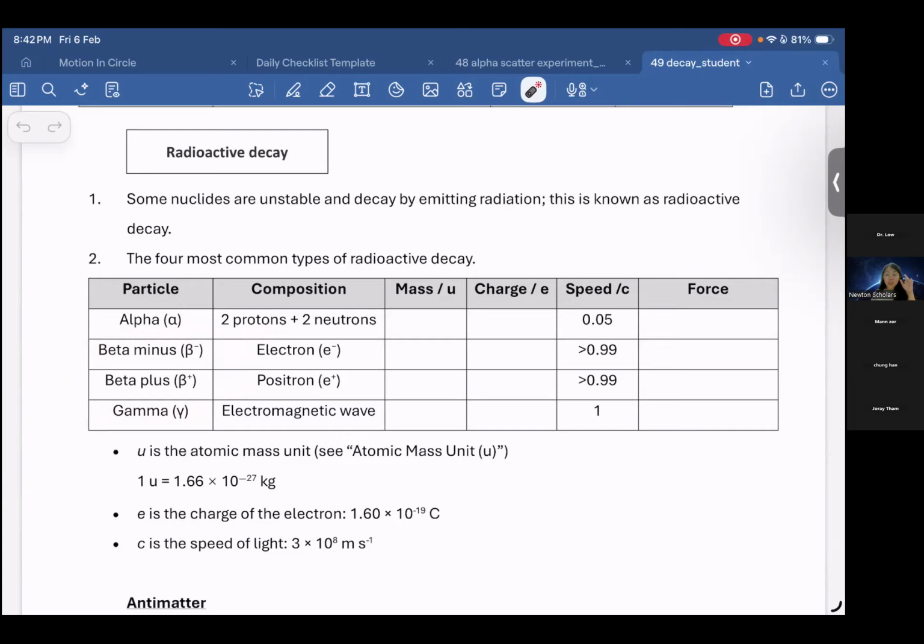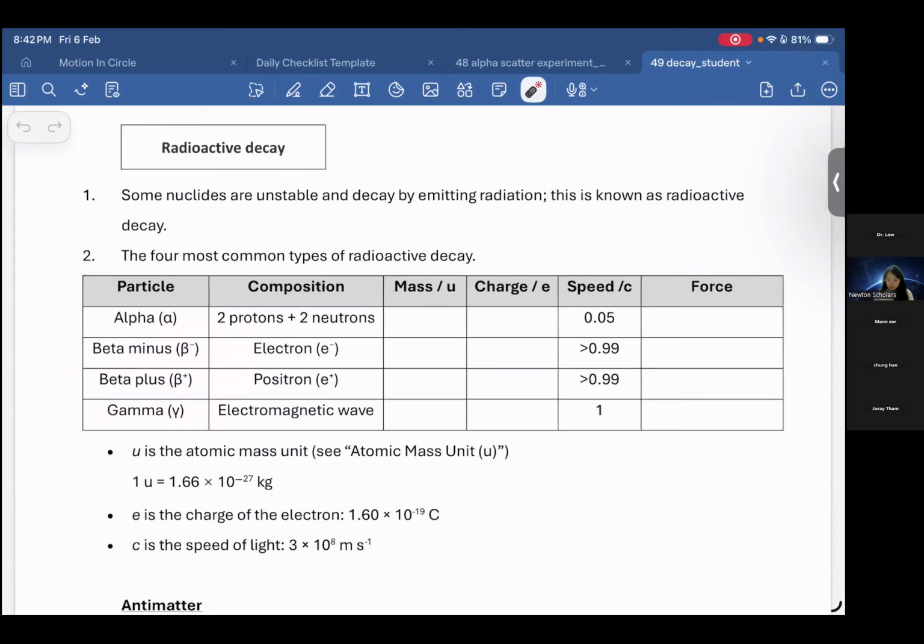So we still have beta plus, which is something new in our AS. Most of the time they are testing on these two parts, instead of ionizing and penetrating, but they might ask because they assume that you know this.